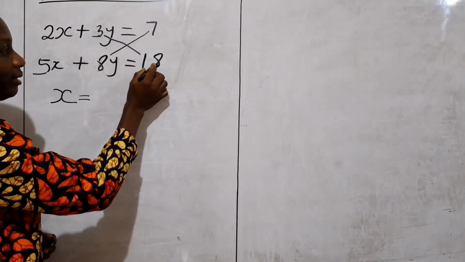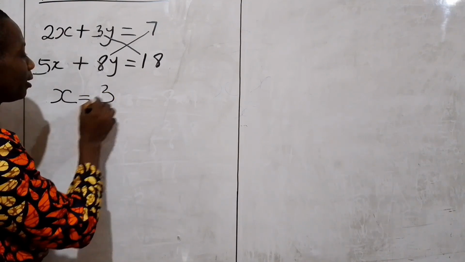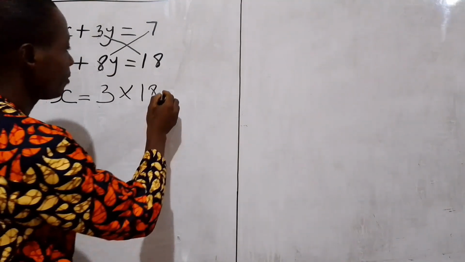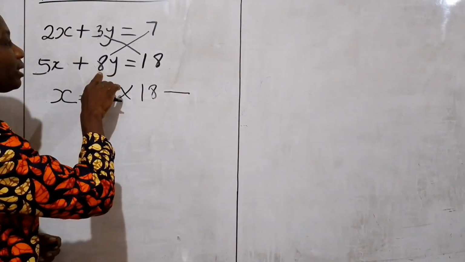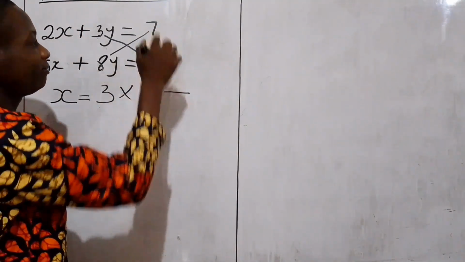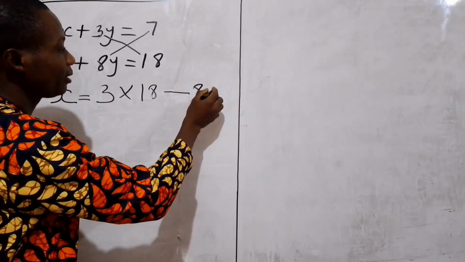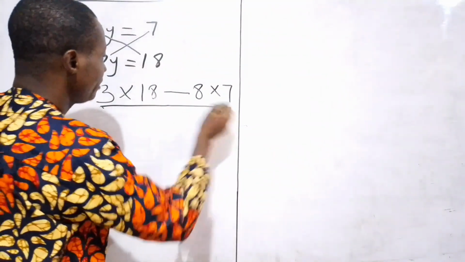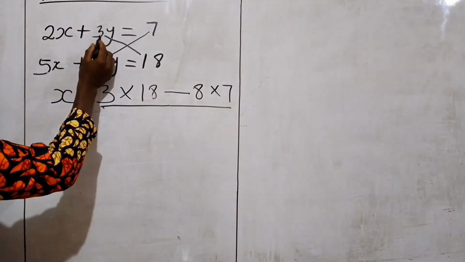3 times 18, then minus 8 times 7. Then divided by, start with 3 again here.